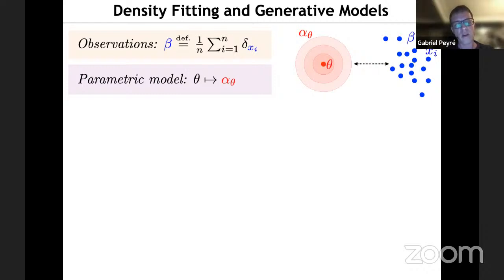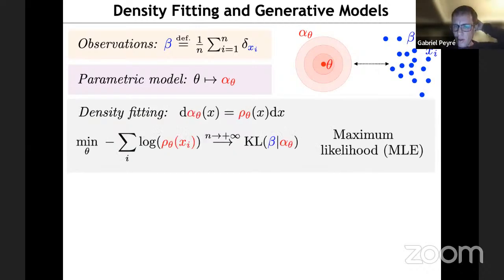So I've already explained the type of scenario we want to deal with: parameter estimation from point observations, a point cloud. Of course, the canonical approach would be to assume that your model alpha has a density rho with respect to maybe Lebesgue or something else, and to form the minus log likelihood, which, at least if the number of samples is large enough, is like minimizing the relative entropy or the Kullback-Leibler divergence between your observation and your model.